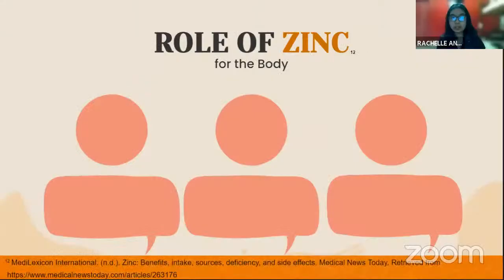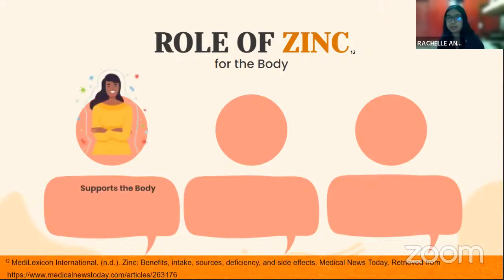Next, we shall get to know zinc's role in our human body. So zinc supports a number of functions in the human body, right? Other than supporting our immune system, zinc contributes in fighting off invading viruses and bacteria, as well as in wound healing.